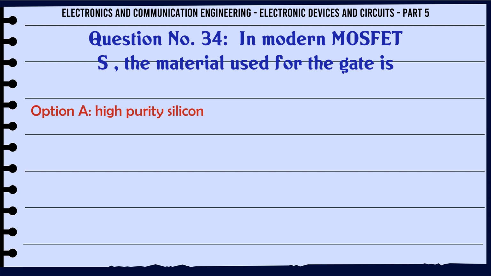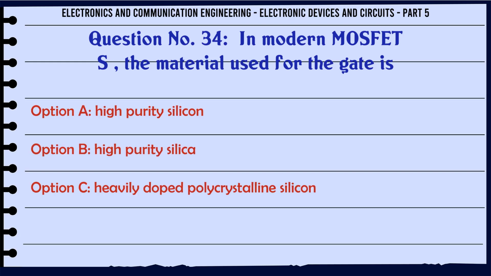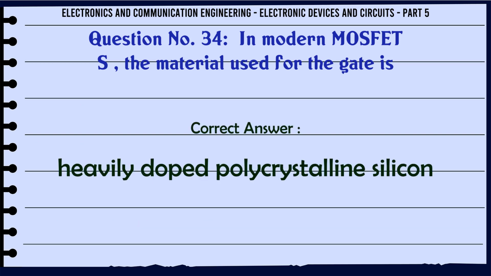In modern MOSFETs, the material used for the gate is A. High purity silicon. B. High purity silica. C. Heavily doped polycrystalline silicon. D. Epitaxial grown silicon. The correct answer is heavily doped polycrystalline silicon.